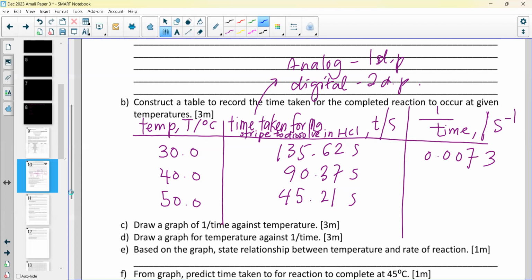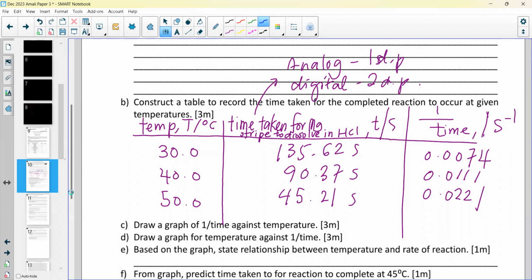Okay. 737. Okay. Then you put 0.074. Okay? Next one. Someone help me out. 0.011. Okay. Next one. 0.021. Okay.